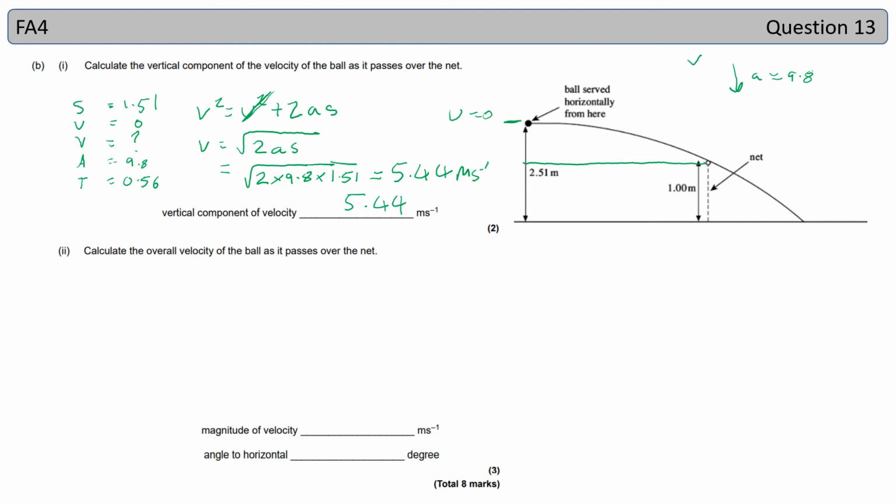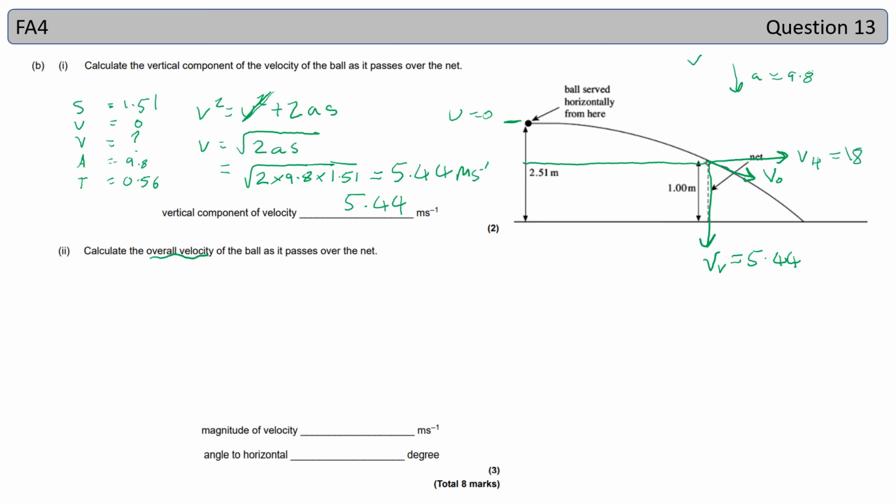Then the final one is asking us to calculate the overall velocity. Now that means as it goes over the net here, its velocity is going to be in that direction there. We'll call that vO for v overall. Now that's going to be made up of its horizontal and vertical components, vH and vV. vV we worked out already, it's 5.44, and vH we are told in the question is 18 meters per second.